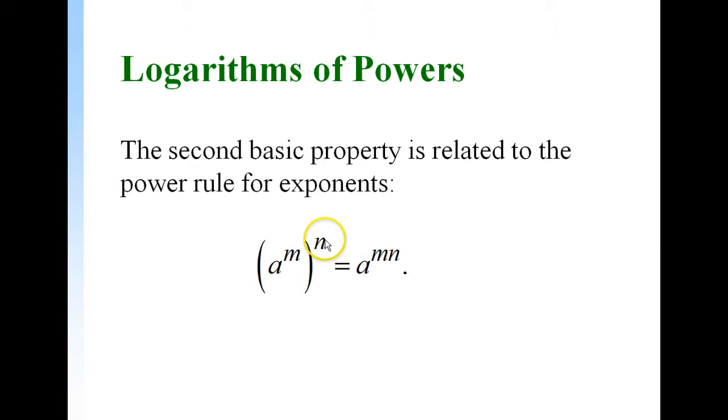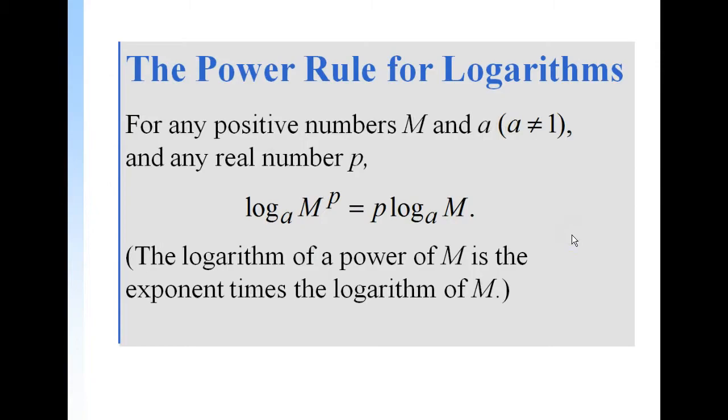All right, the rule is we multiply here. So for any positive number m, and a again does not equal 1, and any real number p, we're going to raise this number to an exponent. So what do we do?